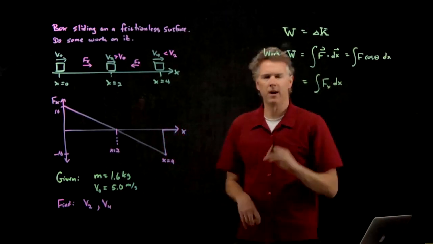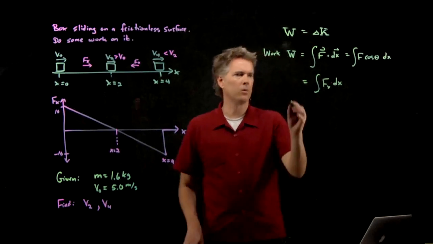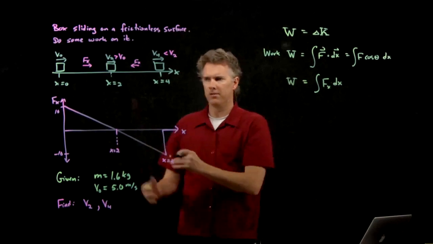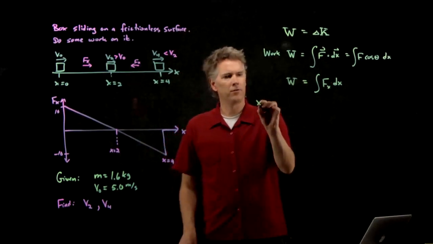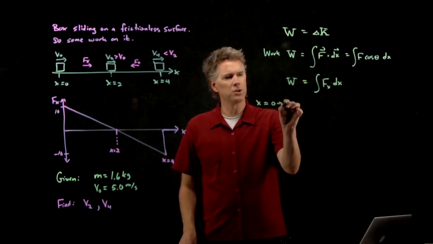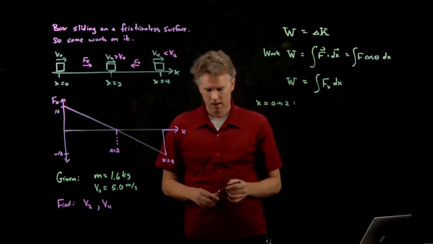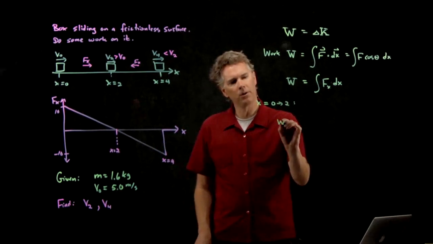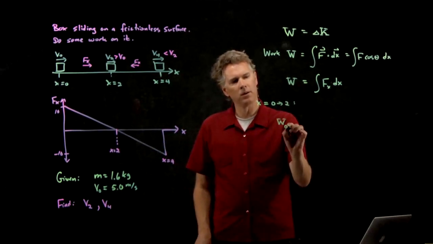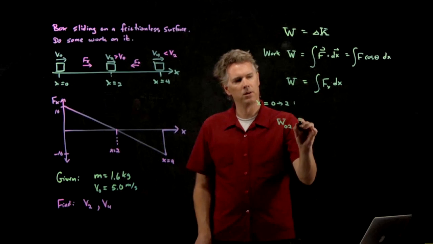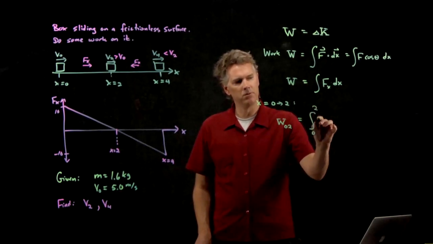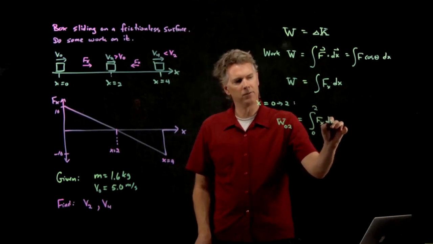And so all this simplifies to that. Okay, what's the work? It's that. So now let's break it up into sections. So let's go from x equals 0 to 2. In that region, I can say the work going 0 to 2 is equal to the integral from 0 to 2 of F sub x dx.